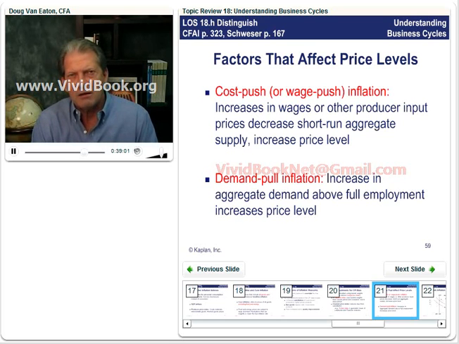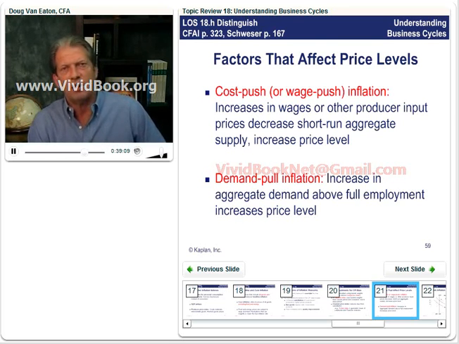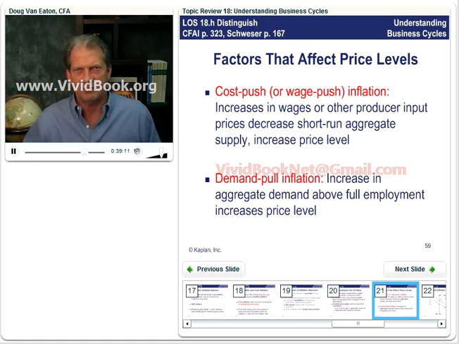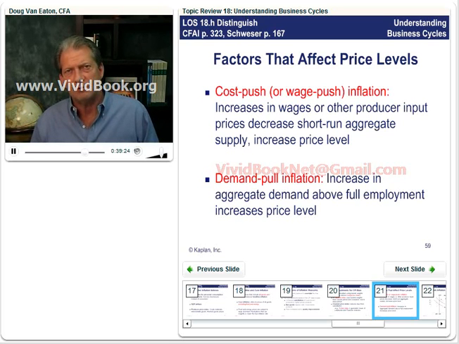Either way, we're getting upward push on the price levels, usually through some sort of monetary policy, monetary stimulus. And we're really just talking about how that process starts. Cost-push, and wages are a cost, sometimes called wage-push inflation. That's going to drive up prices.